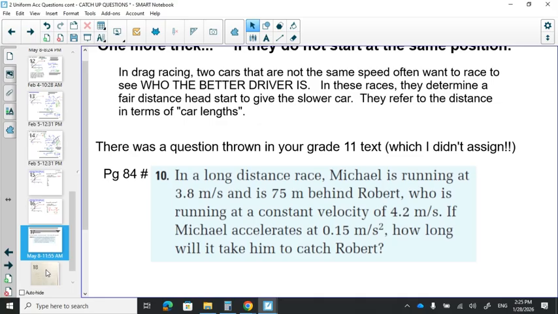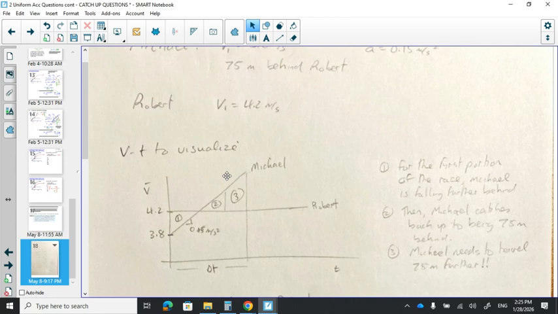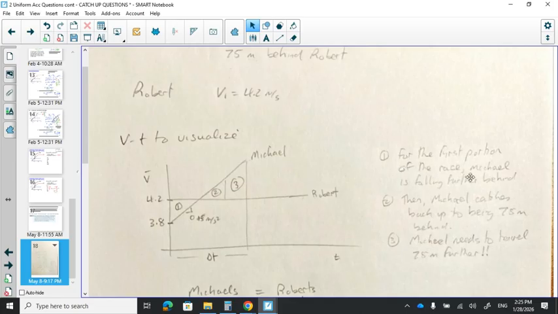This solution I have just written out in pencil because of where I was when I was writing it out, so I'll go through it with you. Here's the given information, of course, and if you did a v-t graph, that's certainly going to help visualize things. If you're thinking this through, the first portion, itemized as number 1, is the part of the race where Michael, the slower runner, is falling further behind for a while still.